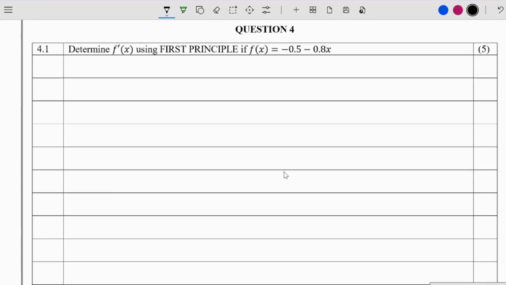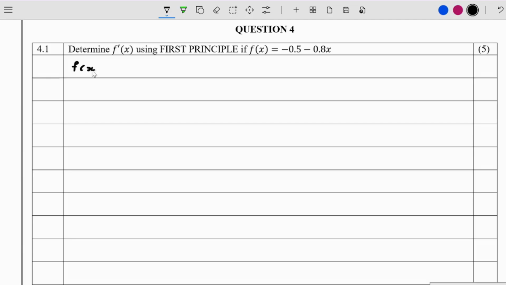Question number 4. Use first principles to determine f prime of x, provided that f of x is given as -0,5 minus 0,8x. Now this one is given in decimal. You can, if you want to, put it in a calculator and have it in a fraction format, but let's just work with what is given here.